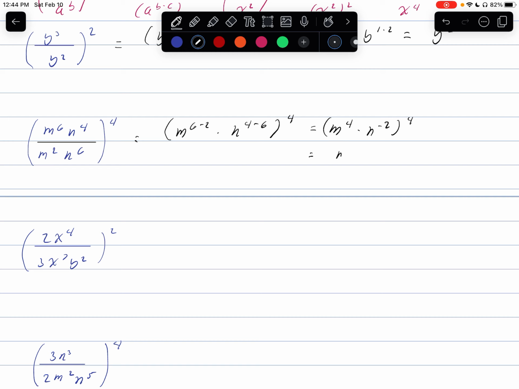Okay, so this is going to become m to the fourth over n squared. We're raising that to the fourth. So now we can go ahead and distribute this 4 here. If we distribute this 4, we're going to get m to the 4 times 4 over n to the 2 times 4.